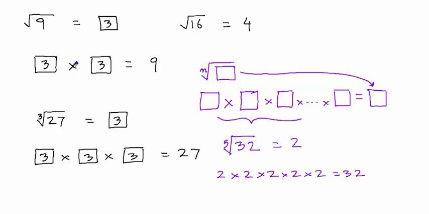Now it doesn't have to be that the square root or the cube root or the 5th root, or for that matter the nth root of a number, has to be a rational number like 3 or 4 or 2 or whatever. Recall that rational numbers are numbers that can be expressed either as a fraction or as normal integers.